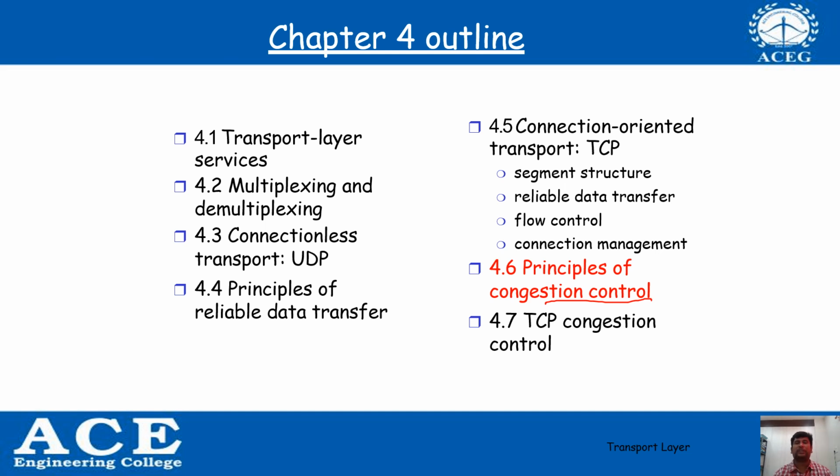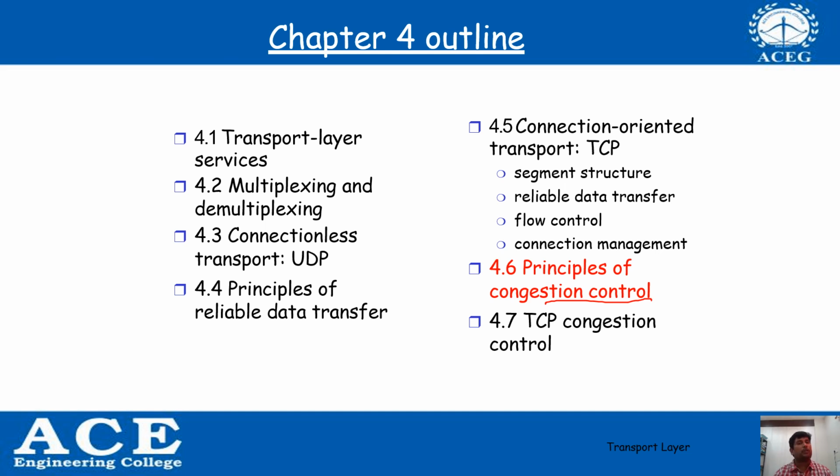But before we proceed, what exactly do we mean by congestion? Let us try to understand. We know that flow control is a mechanism in which you are trying to reduce the rate at which the sender sends the data so that there is no overflow of data at the receiver.